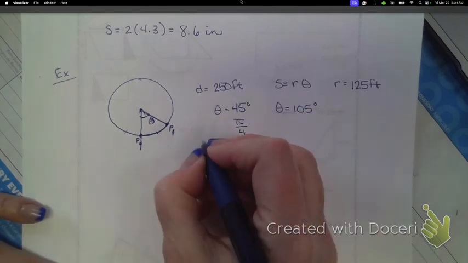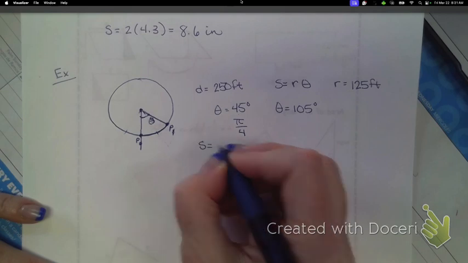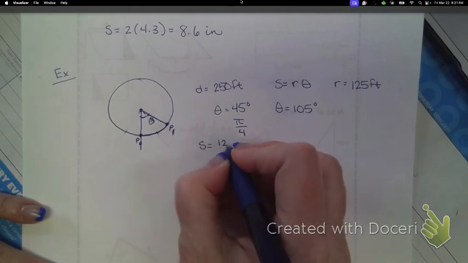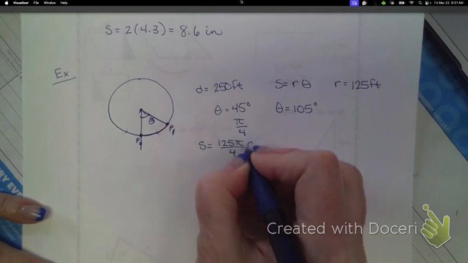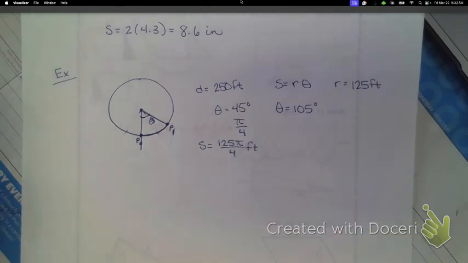So 45 is pi over 4. So here, S equals 125 pi over 4 feet, correct? Because I don't think 4 goes into 125, does it? So, without a calculator, that is your answer. On your test, that is your answer. If you're checking your answers with the back of the book, put that in your calculator.